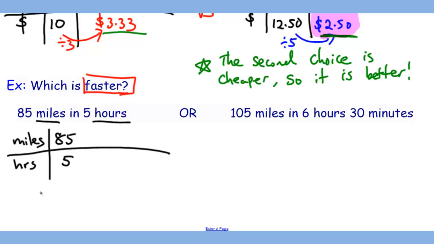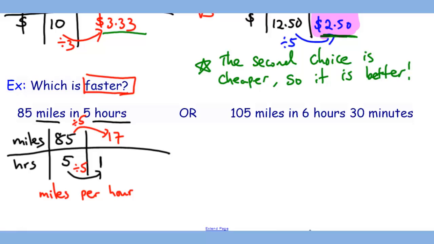Since we normally say miles per hour, we would convert the hour into 1 because that's more common usage. So we will divide by 5, and proportionally we do the same thing to the numerator, and that brings us 17 miles in an hour.